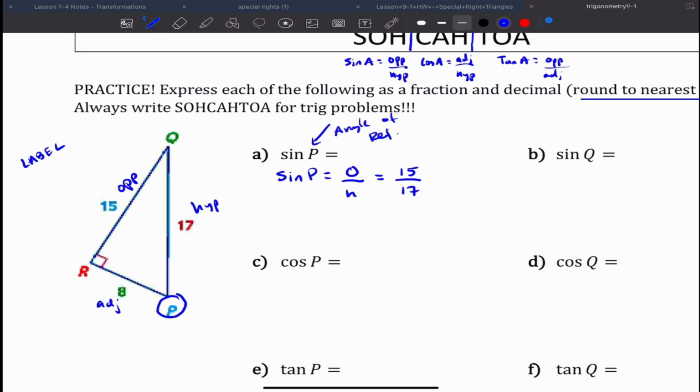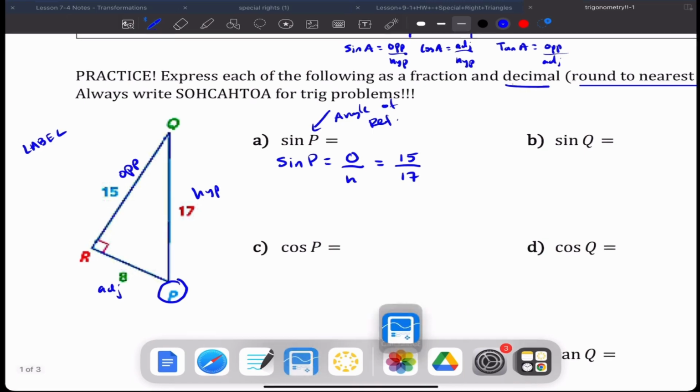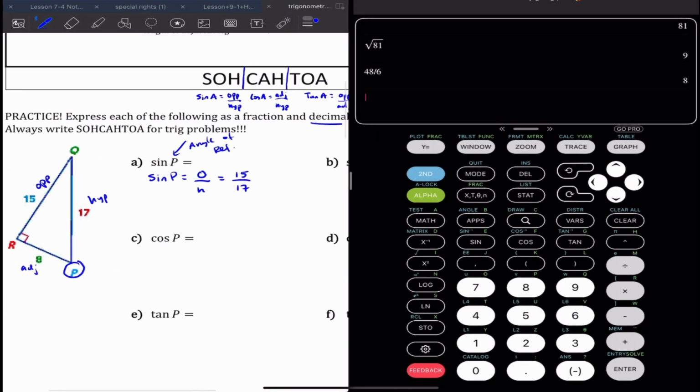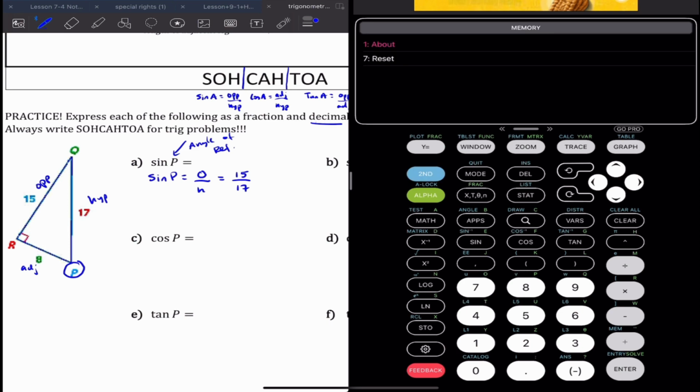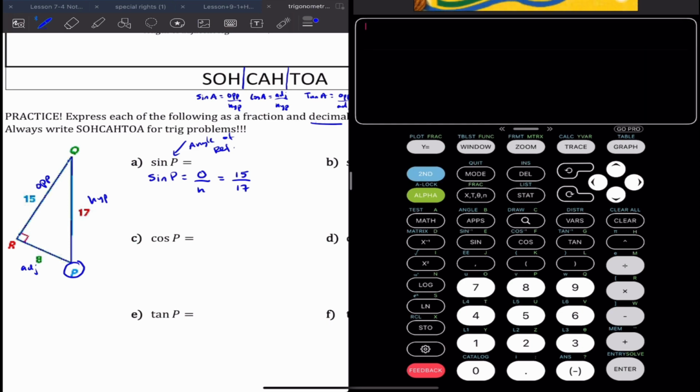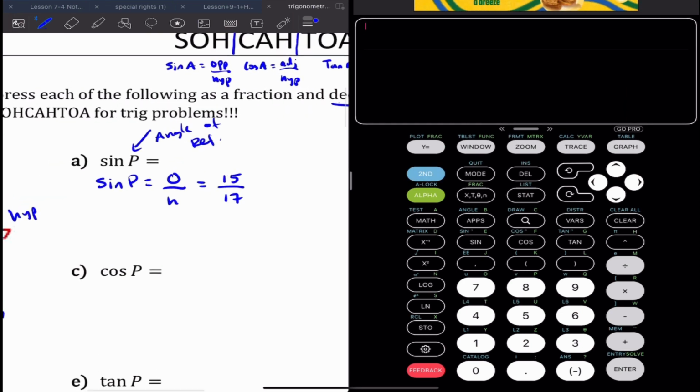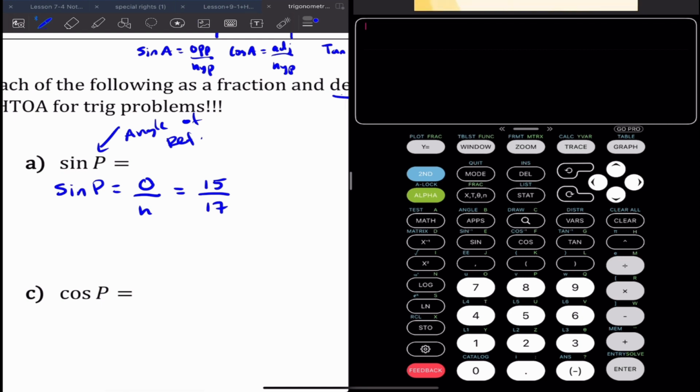But what we now need to do is express this as a decimal. So using my calculator, I highly encourage you to download Calculate 84. I'm going to clear the memory right now, 2nd plus 7, 1, 2. There's an advertisement there. Great. I'm going to put 15 divided by 17, and 15 divided by 17 is 0.8823.